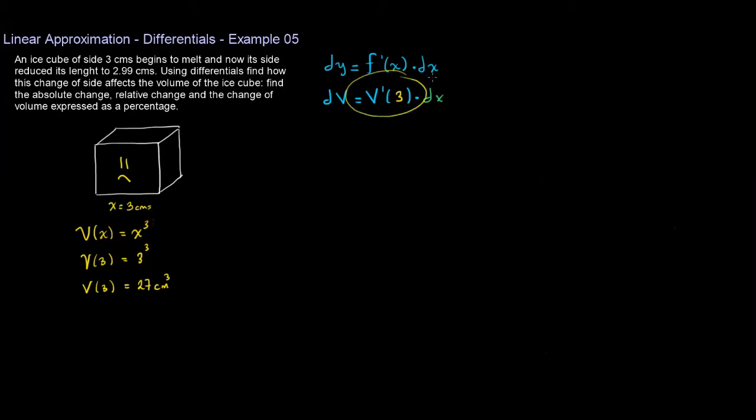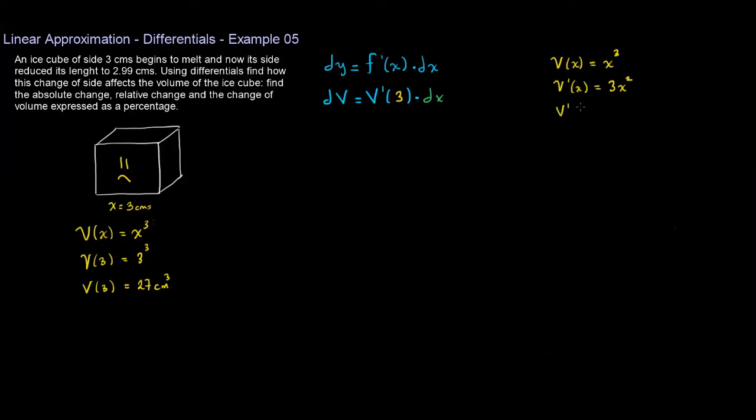We have V prime of 3. Let's start with V prime of 3 on the right. V of x is equal to x to the third, so V prime of x would be equal to 3 times x squared.